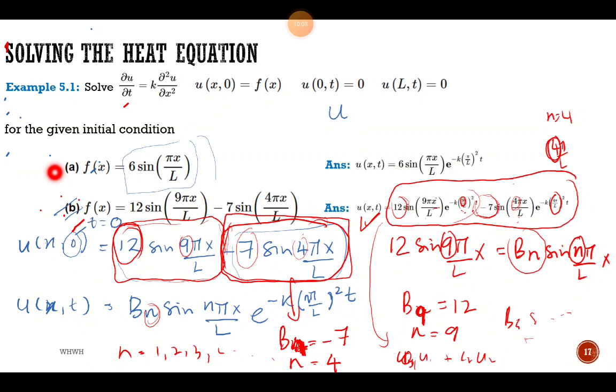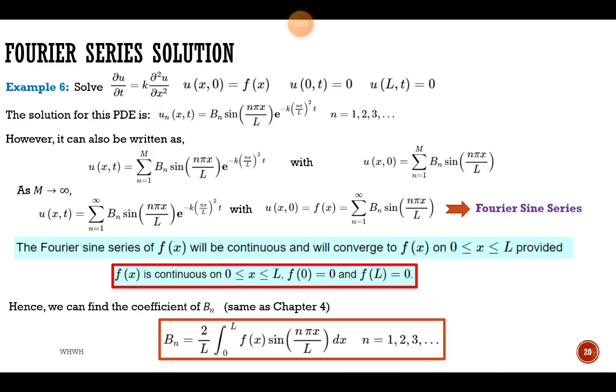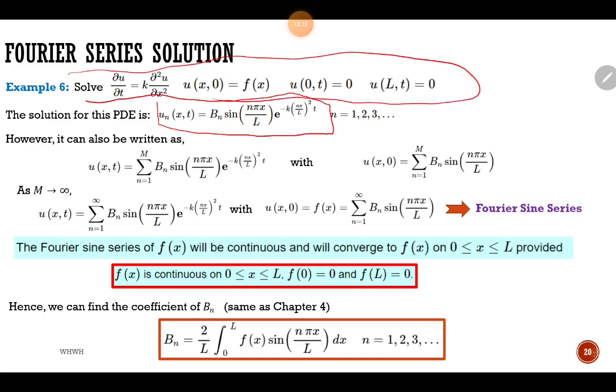Following from that, we know our general solution for the same question as before, still the same example, example 3, our solution is equal to this, right? Bn equals sin m pi x over L e to the power of minus k m pi over L squared t.